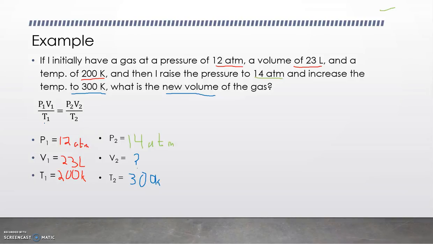We have to plug it into our combined gas law. So our P1 is 12 atm. Our volume 1 is 23 liters over our temperature 1 of 200 Kelvin.